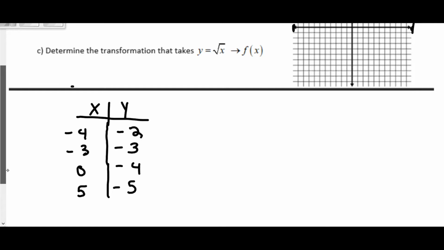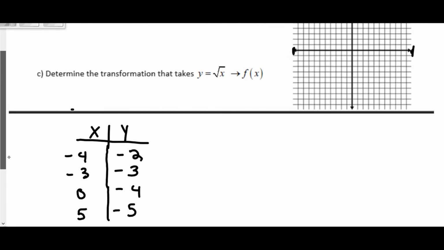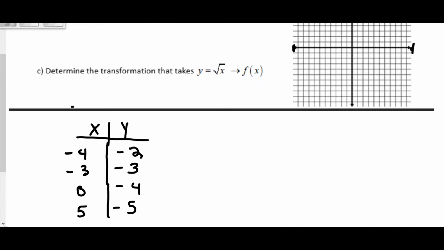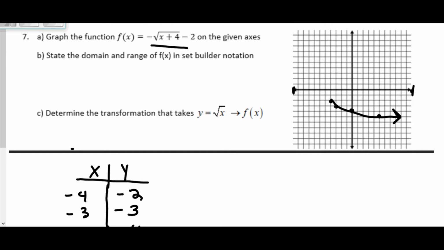So I started at negative 4, and then I just went up until 10. However, they were irrational numbers, so I stopped at 5 because that was the last whole number. So now all you're going to do is plot those points and sketch the graph. All right, so this is my graph of the function f of x. So now we're ready to move on to part B.